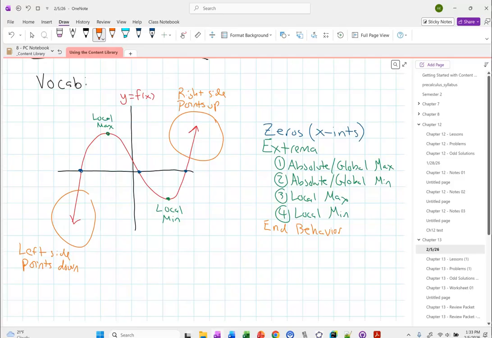Everybody okay there? So the way that we're going to describe our end behavior is using something called limit notation.